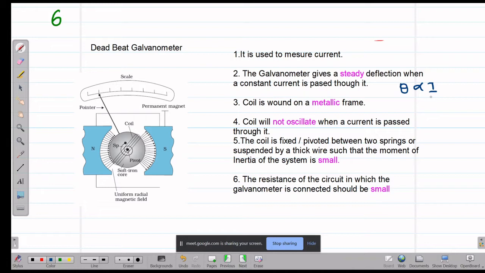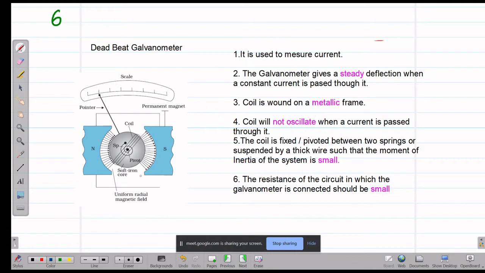Don't worry about it right now. Because of this induction effect, the coil will come to a stop immediately as soon as the current passes through it, and will remain in the deflected position so long as the current keeps flowing through it. So the main point, as far as construction is concerned, is that a deadbeat galvanometer will have the coil wound on a metallic frame.